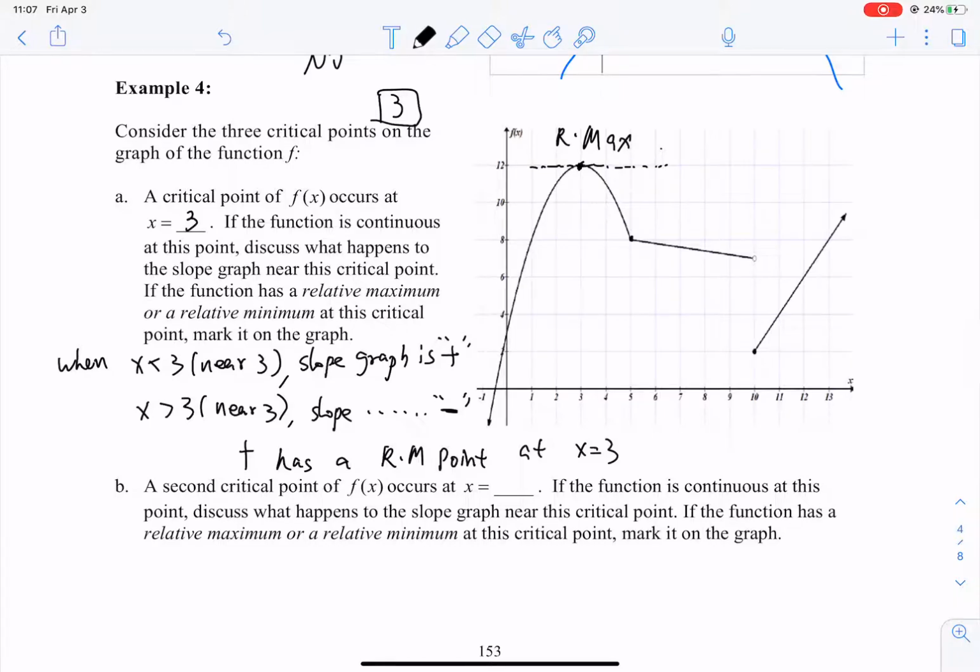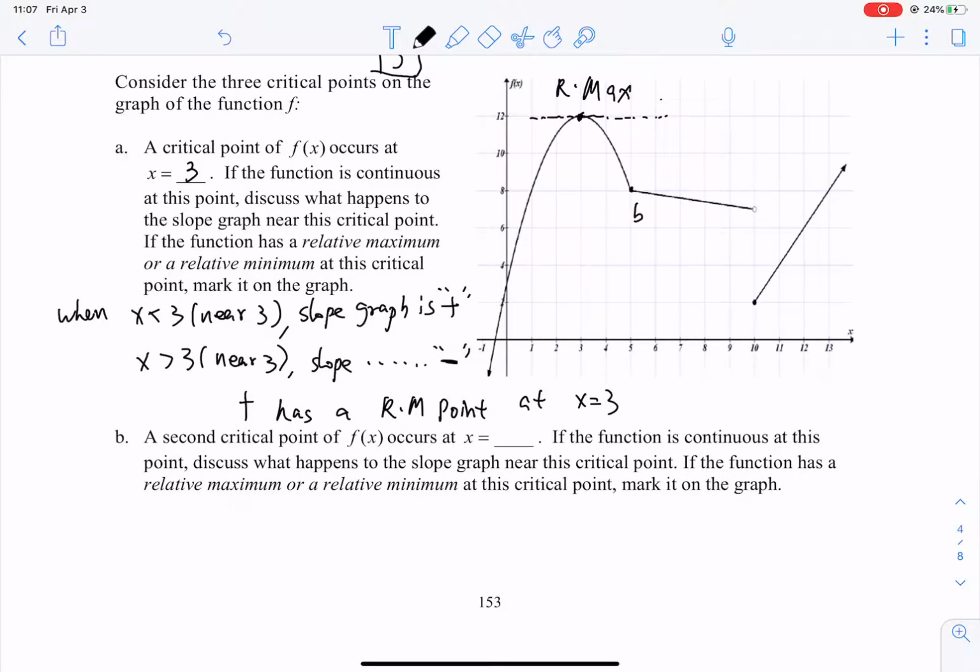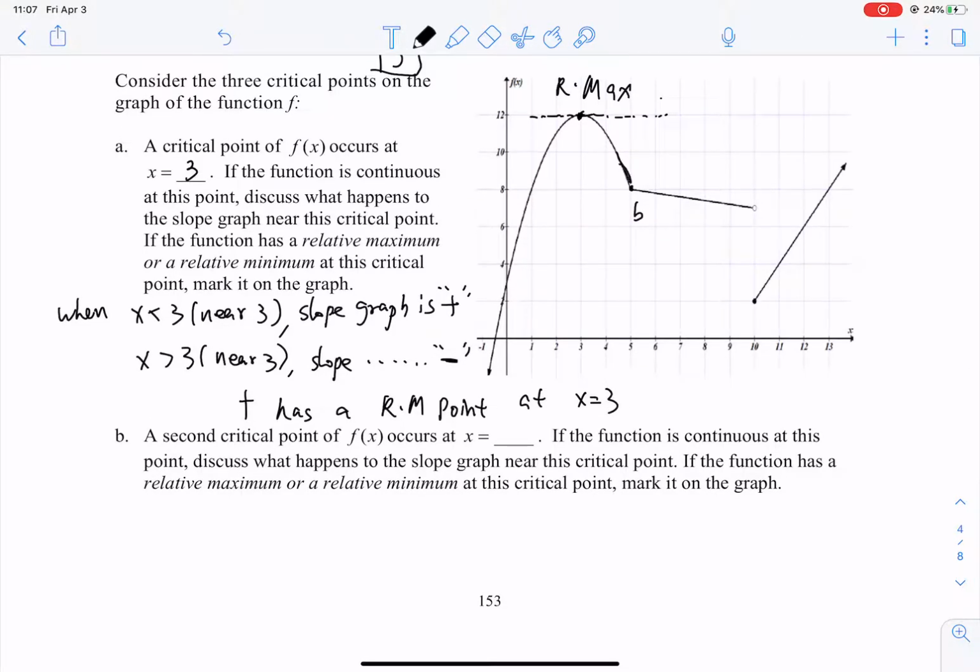And then let's check this point. Check the point B. At point B, the left part of the function is decreasing, so the derivative is negative. And the right side of point B is also decreasing. So that means both sides, the derivative is negative.